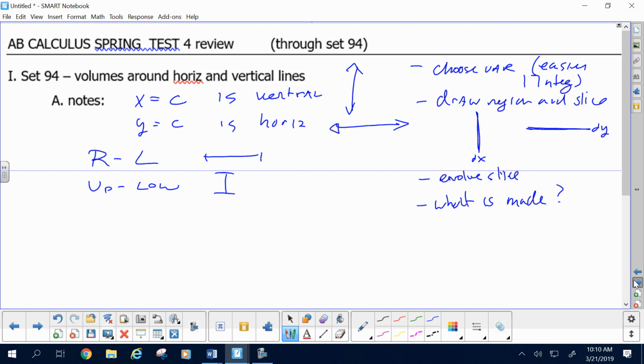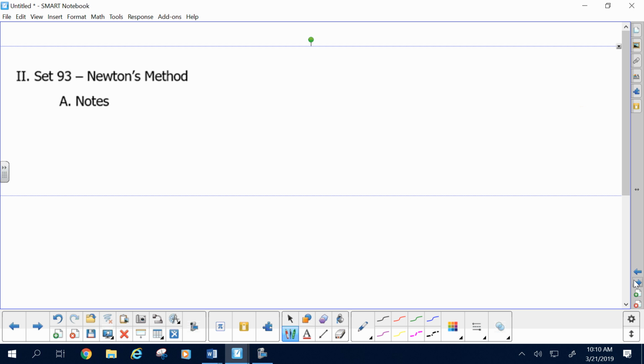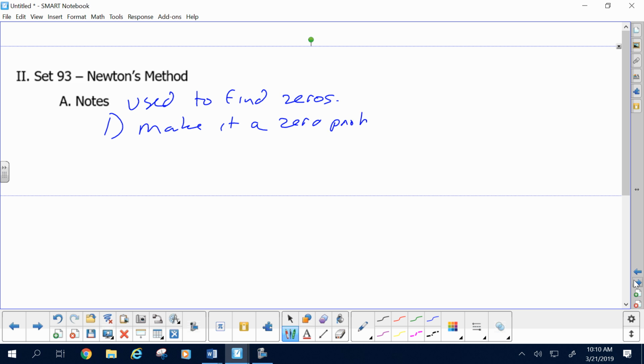All right, moving on. Newton's method. It is used to find zeros. The first thing you do is make it a zero problem. For example, if I wanted to solve cosine of x equals x using Newton's method, that's not a Newton's problem.